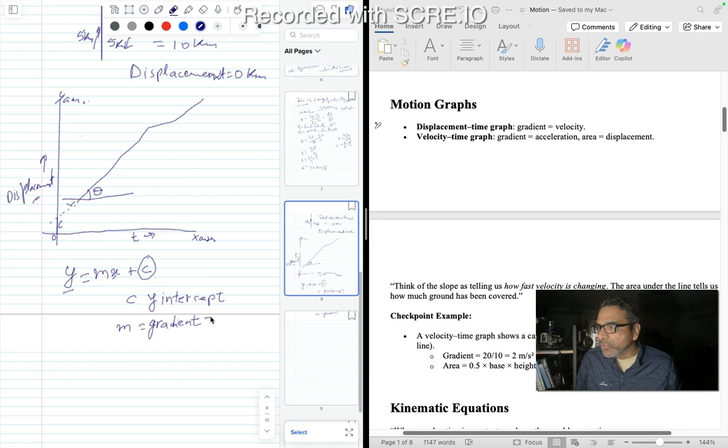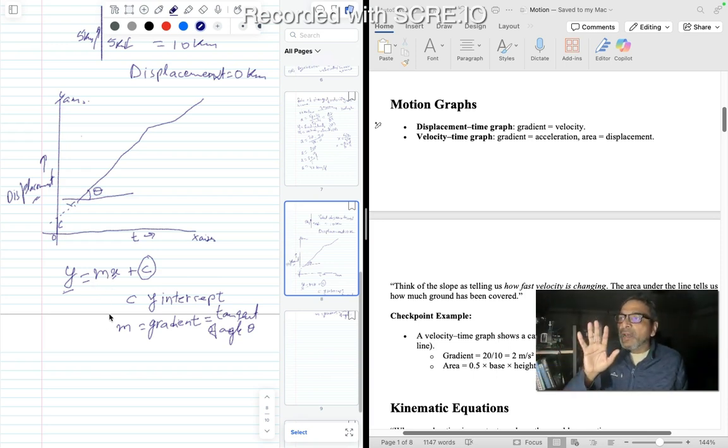Gradient is also known as the tangent of the angle theta. Okay. So most of the time you have to just mention this from a physics perspective, with regard to this motion graph concept, right?